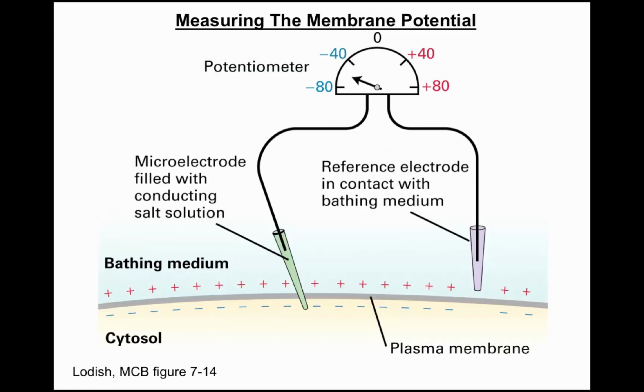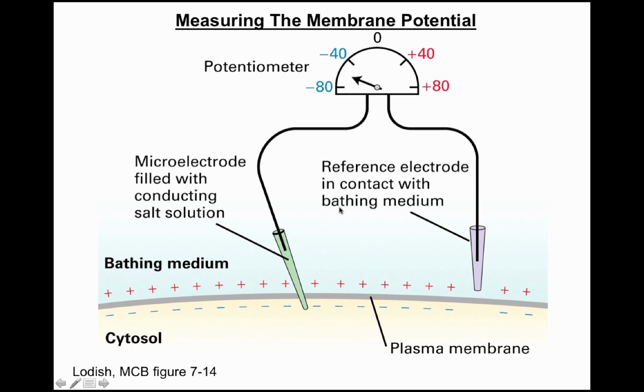So how is this established? Or how is it measured? Let's start first with the measurement. We can measure the resting membrane potential by using a potentiometer. A potentiometer is a small instrument that allows us to put in a microelectrode, and that microelectrode can be inserted into the cytoplasmic side of the cell, and of course it's going to have a conducting buffer inside of it.